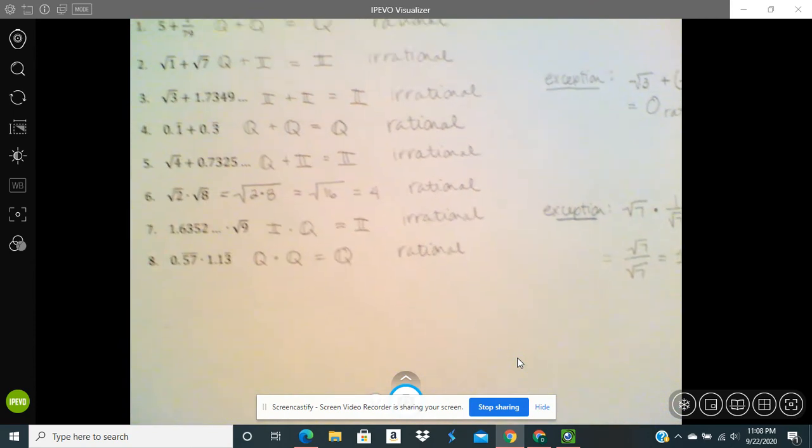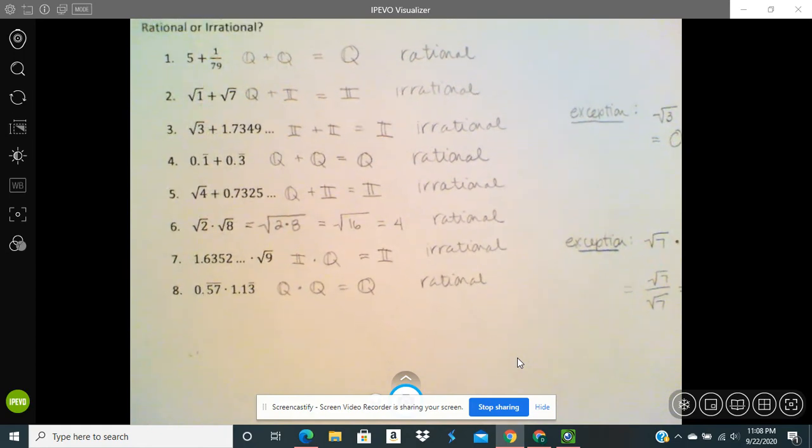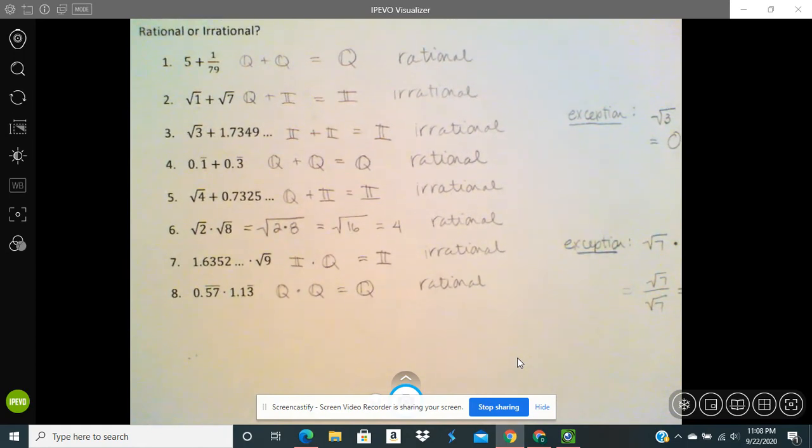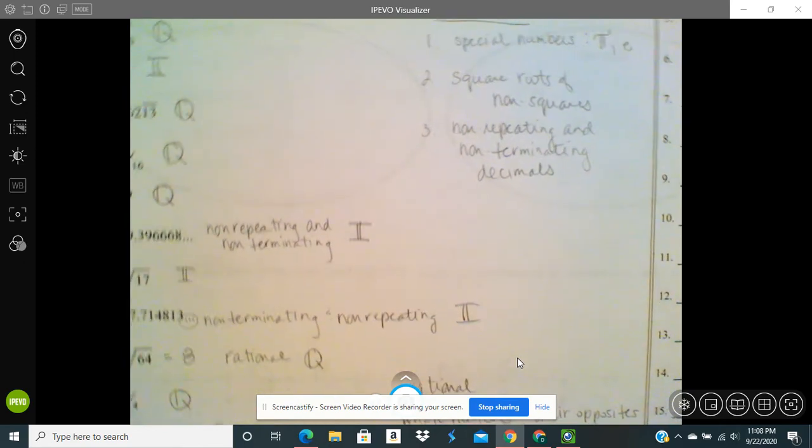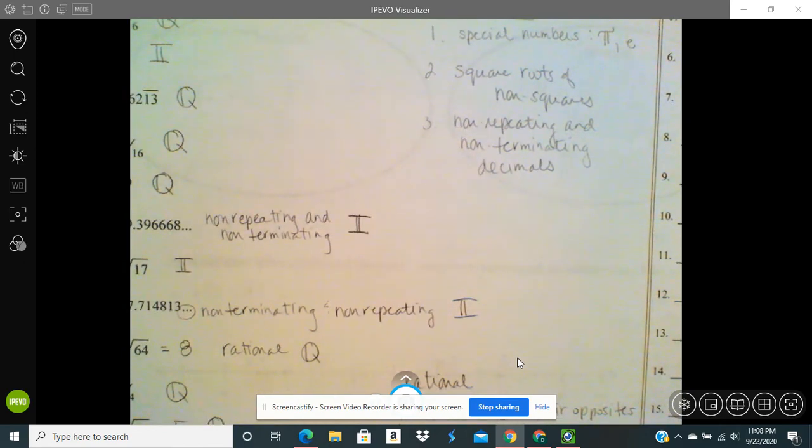But the key to remember is whenever we're multiplying by an irrational number or adding, in most cases, the result will be irrational. So make sure you know what happens when you operate on rational and irrational, and make sure you can identify what is rational and irrational. And that's pretty much your first lesson.